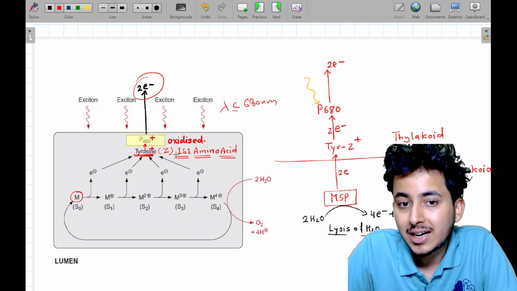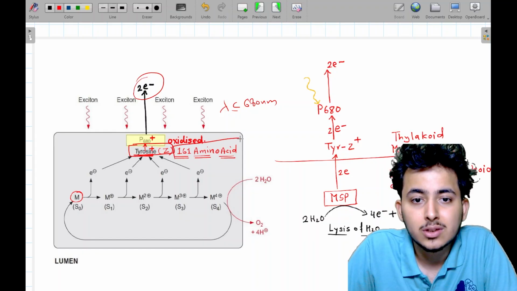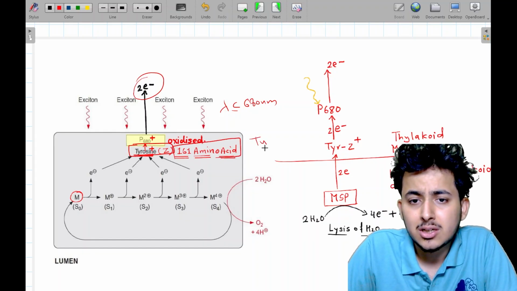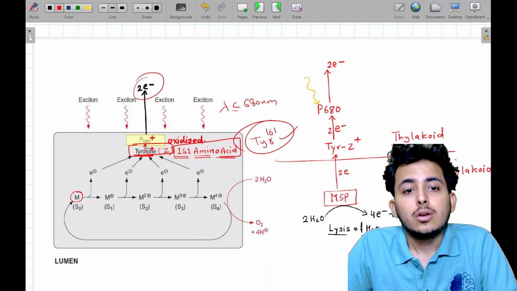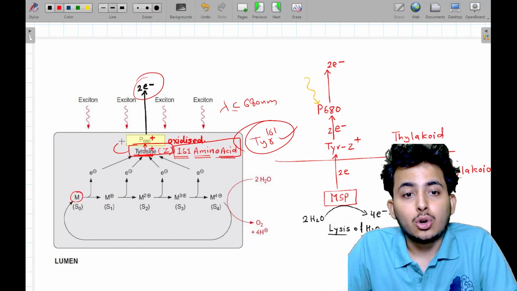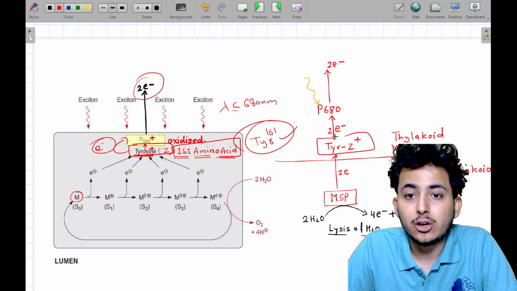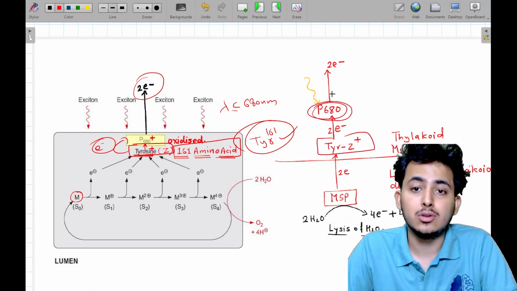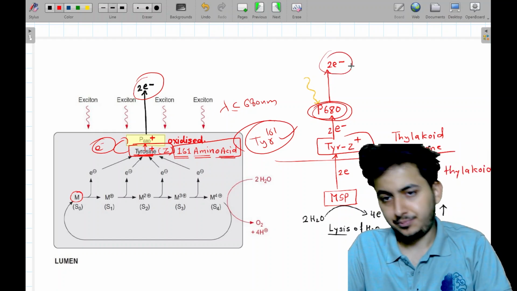So what is that Z that I told you? That Z is a tyrosine residue at amino acid position 161, tyrosine 161. This tyrosine Z is giving 2 electrons to the deficient P680, which has given its electrons further to pheophytin.